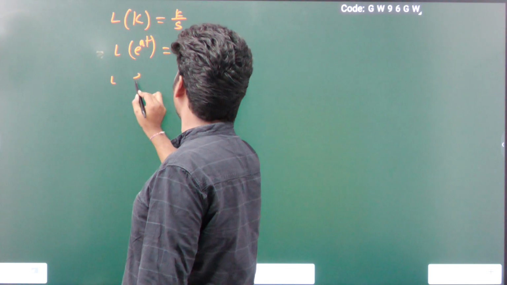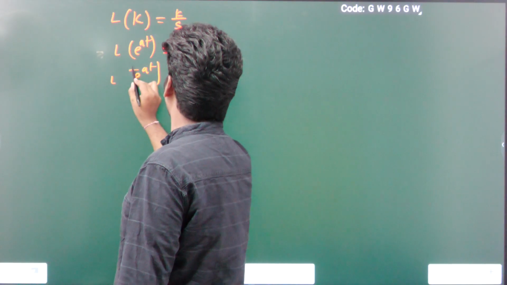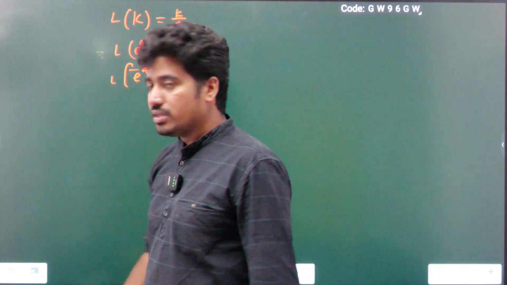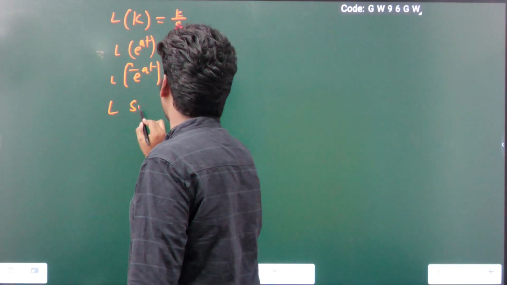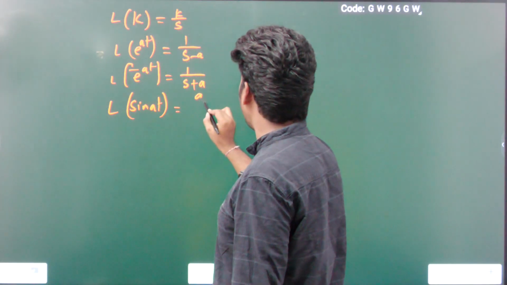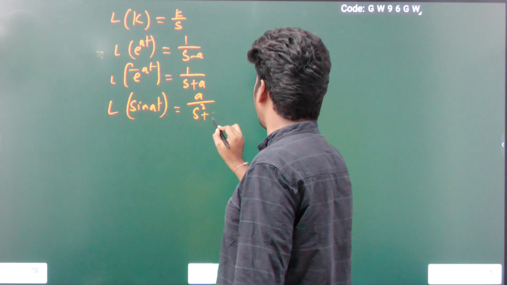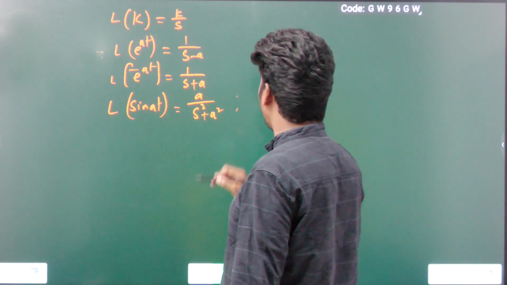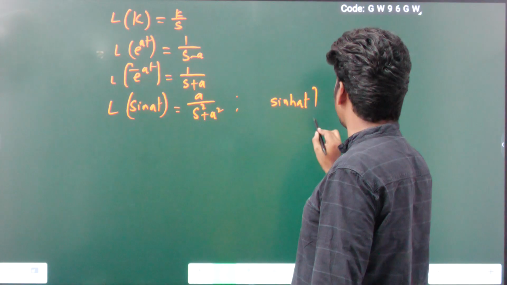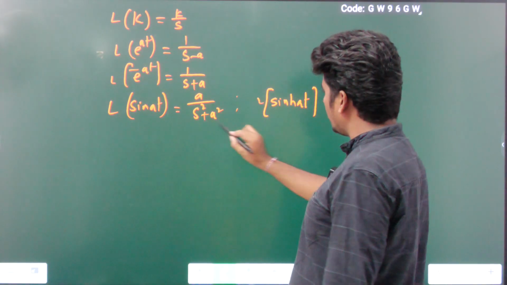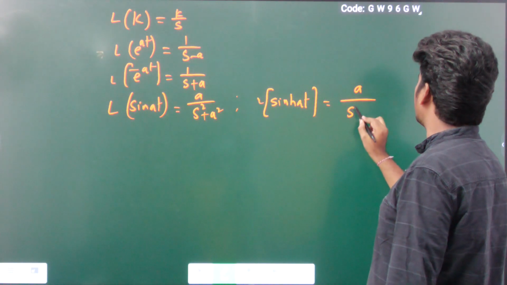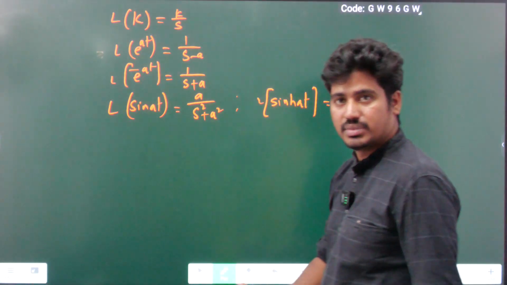The Laplace transformation of e power minus at will be 1 by s plus a. Then the Laplace transformation of sin at will be a by s square plus a square. Here I am doing sin h at, where h is coming, the denominator plus becomes minus: a divided by s square minus a square.